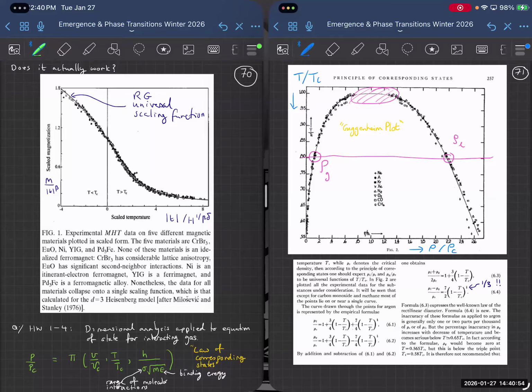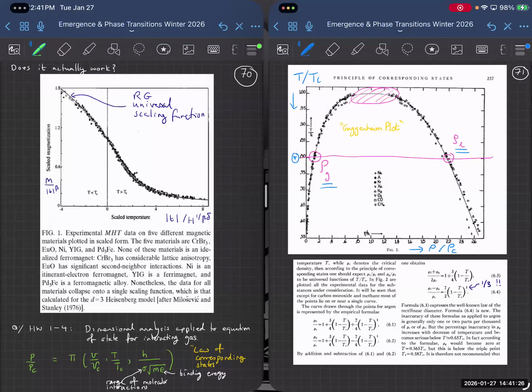When you go below Tc, you know what happens when you compress a gas: it separates into a liquid and a gas that are in coexistence. We talked about that in one of the first lectures of the class. So if you tell me your temperature, like the temperature indicated on the left-hand side, then at that temperature there are two coexisting phases, one at low density, which is the gas, rho g, and one at high density, which is the liquid, rho l.